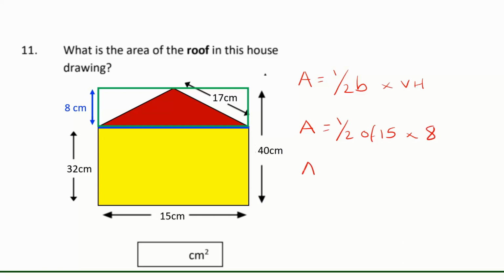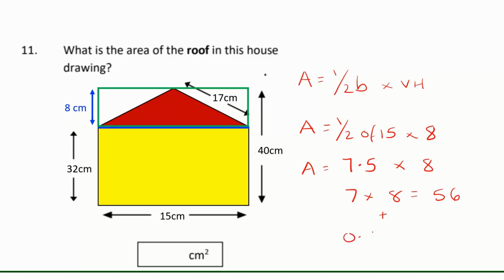So that is the calculation that we need to perform. So the area equals half of 15, and half of 15 is 7.5 times 8. So let's work this bit out. So we know that 7 times 8 is 56, and to that we have to add 0.5 times 8.